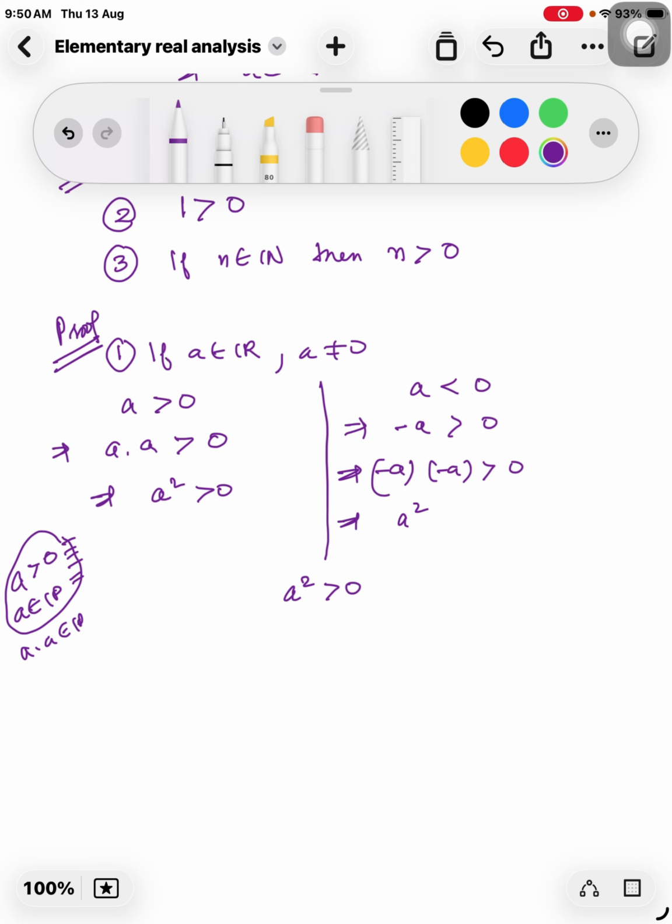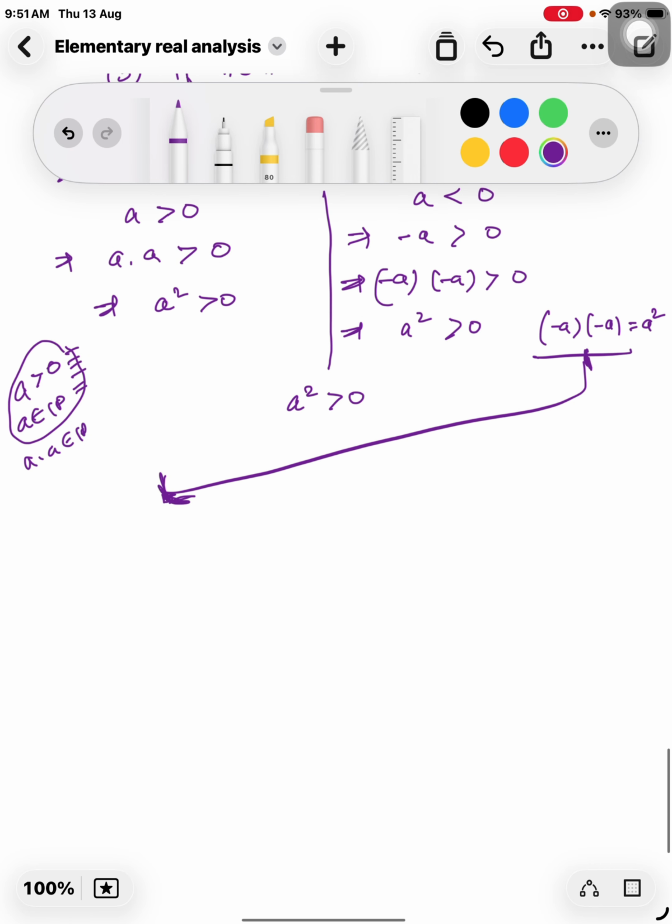So minus A times minus A is A square. अब ये जो स्टेप है ना, माइनस ए इंटू माइनस ए इज़ ए स्क्वायर, इसके लिए हमें थोड़ा सा होमवर्क करना पड़ेगा, पर ये हम अभी मान के चलते हैं। इसको मैं अब एज अ रिज़ल्ट यहाँ पर या एज अ रिमार्क आपको प्रूव करके दिखाऊंगी कि माइनस ए इंटू माइनस ए इज़ ए स्क्वायर। तो अभी मान के चलें तो वी गेट ए स्क्वायर इज़ पॉजिटिव। सो इन बोथ केसेस वी गेट hence A square is positive if A is not 0.